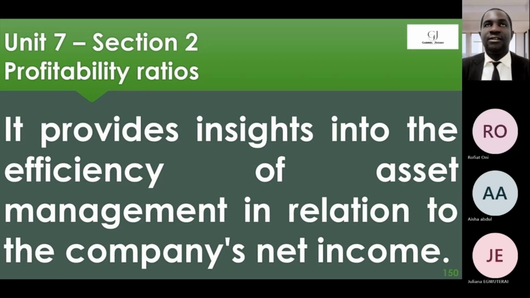So your total assets, including non-current and current, you're looking at this area of investment. Now, long-term total assets are a long-term investment on the company's economic benefits.